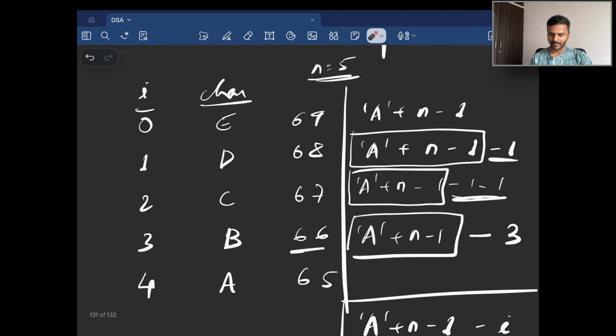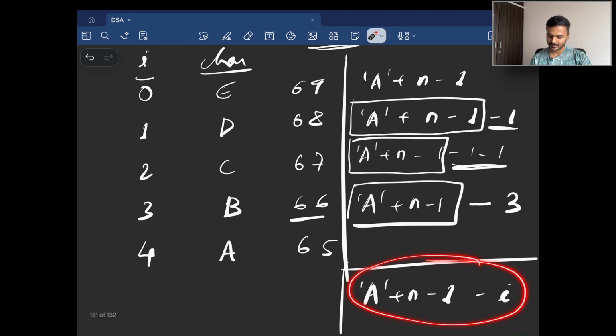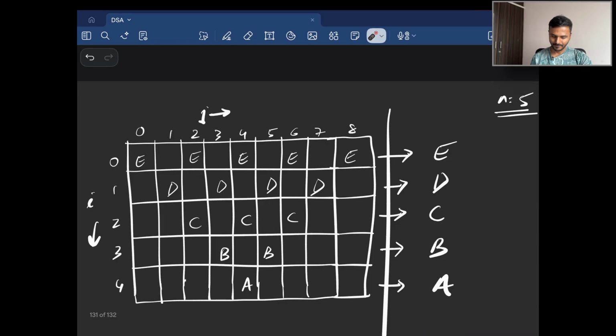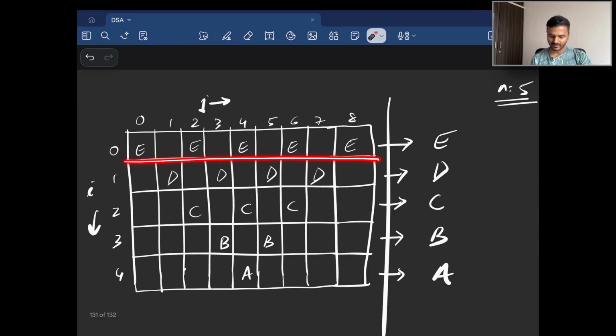Now that can be done with the help of this expression, which is A plus n minus 1 minus I, right? Now, once we know the letter that we are supposed to print in any given row, all we will have to do is take care of printing the required number of spaces at the beginning of the row, and then we would have to print that letter followed by a space, which is exactly what we did in the last question. It's just that over there we were not printing a letter, we were printing asterisk only, right?